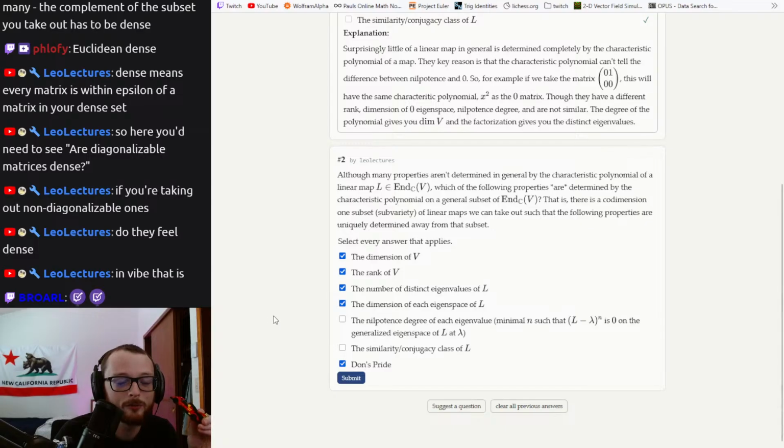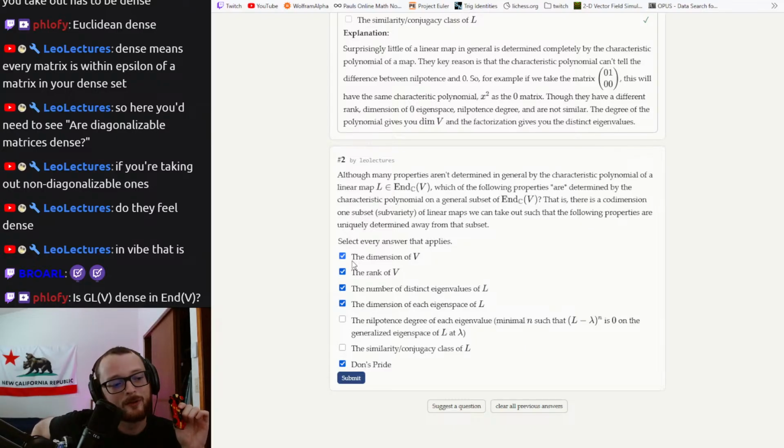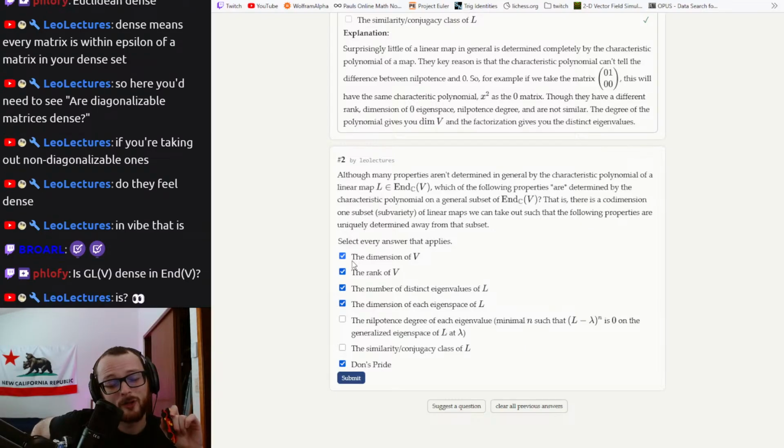Hey, Borel. Dimension, rank. Dimension of each eigenspace. Is GL of V dense in End of V? General linear group, that's the group of all matrices with determinant not zero.